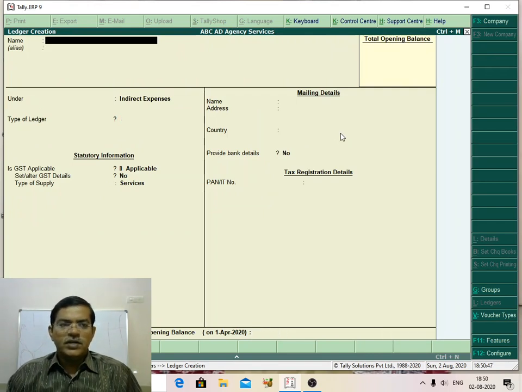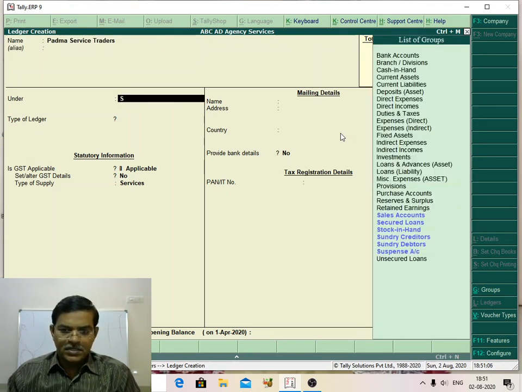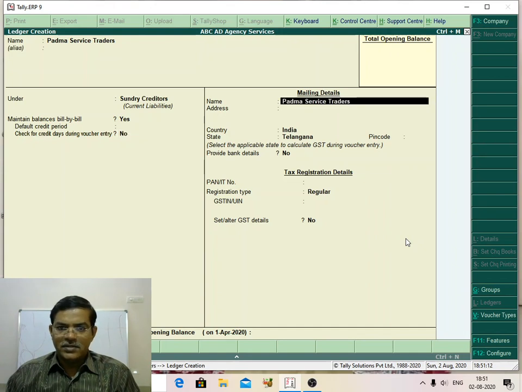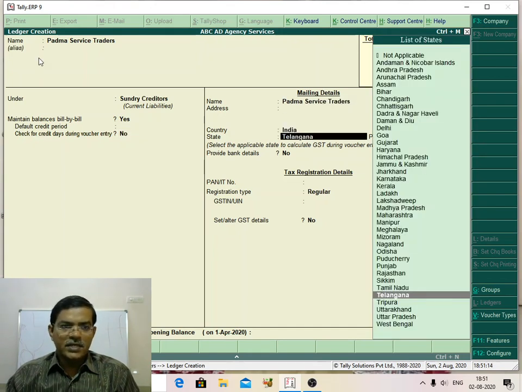After that, I am going to create my sundry creditors. My sundry creditors are Padma service traders. It is under sundry creditors. I feel it is better to create it as a local supplier.